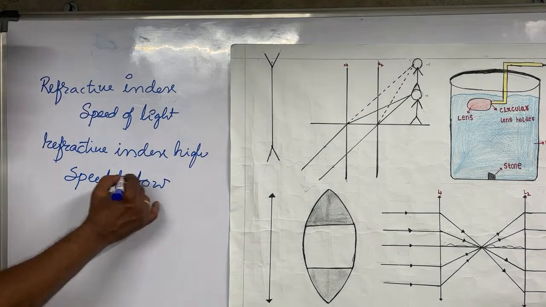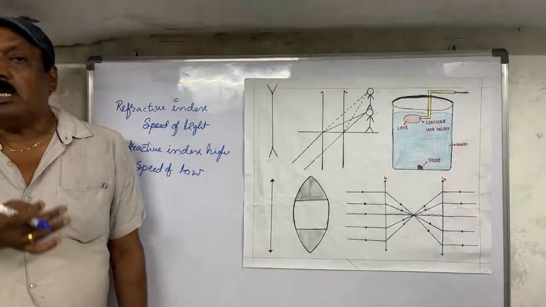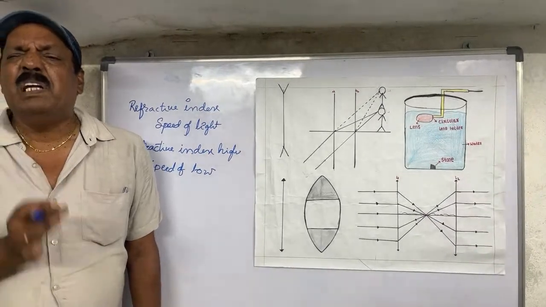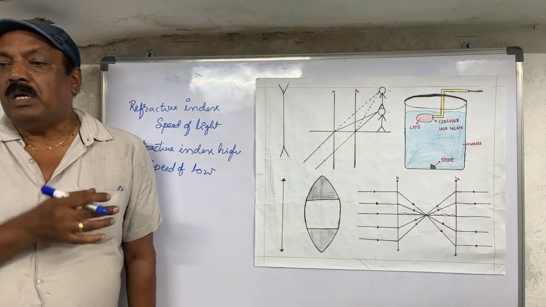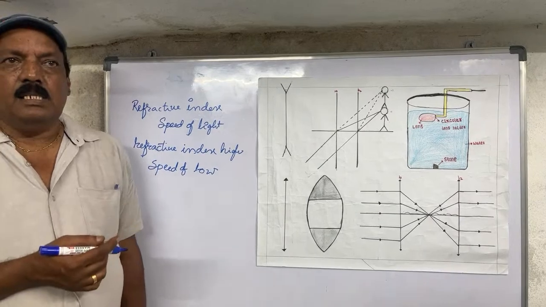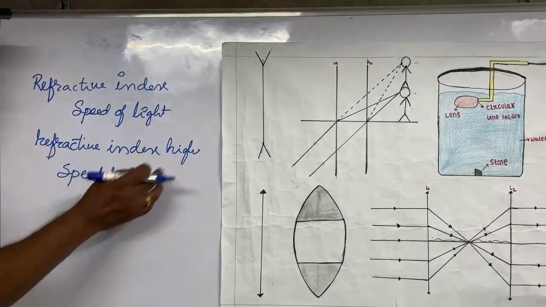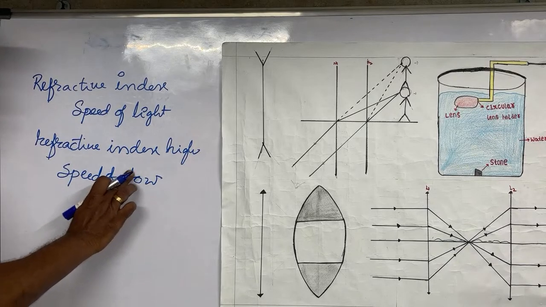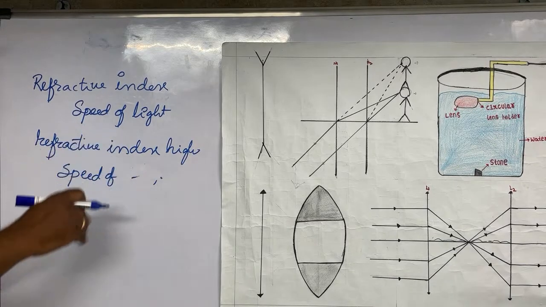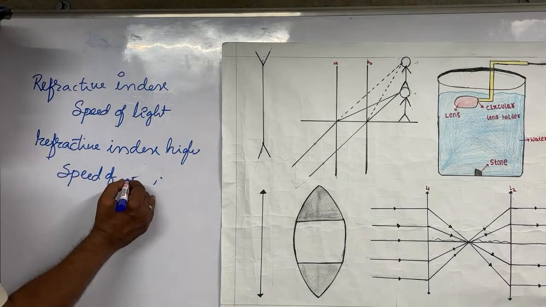That means in the diamond, refractive index is high. So automatically in the diamond, the speed of the light is very, very low when compared to the other areas, water and glass. So this is the relation. If refractive index is more, speed of the light is low. And if the speed of the light is high, refractive index is low. That is the relation which we have in both.